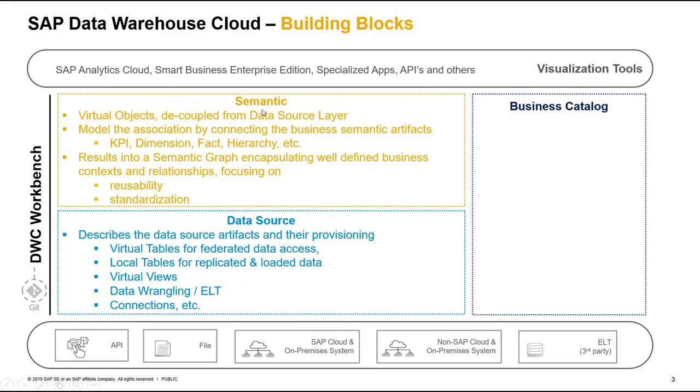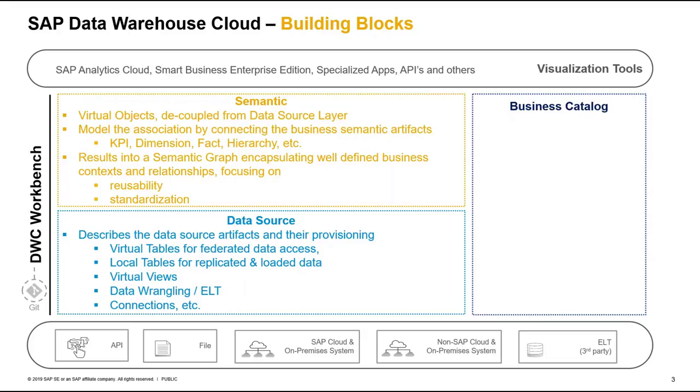On the semantic layer, we're providing the capability of virtual objects which are decoupled from the data source layer. So we're able to provide a semantic environment which can be decoupled from the data source layer, which also enables a nice way for integration with additional data sources once you establish a stable semantic layer.